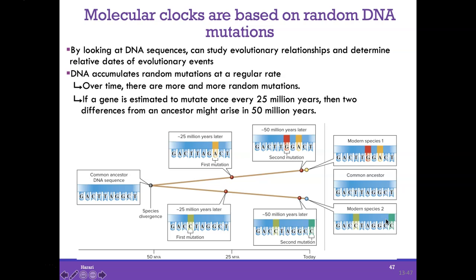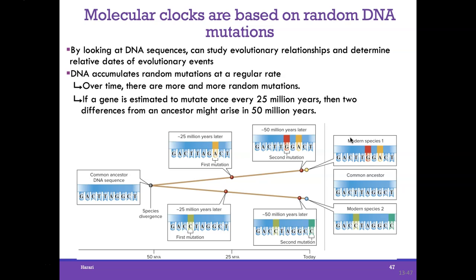And we can compare two modern species to a common ancestor and piece back which was the first mutation to occur and at which point these mutations occurred. Again, it's not as specific, because mutations can occur due to environmental conditions, like extreme UV radiation, where mutations can happen more frequently.